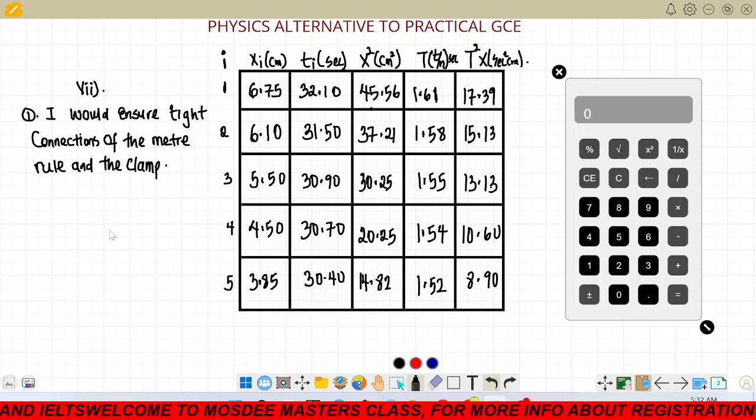Maybe not necessary to write this long. I would ensure tight connection of the pin with the meter rule. I think that is also good.